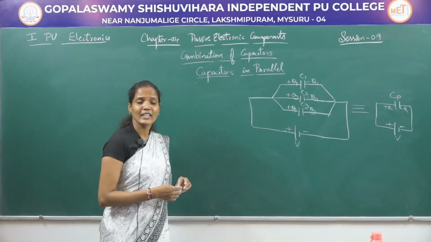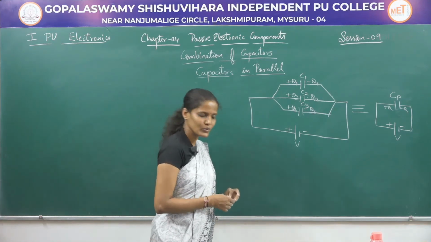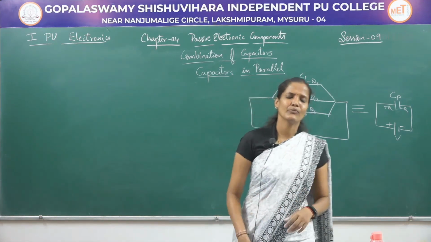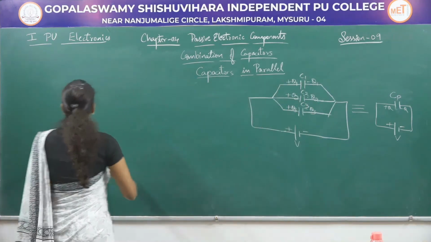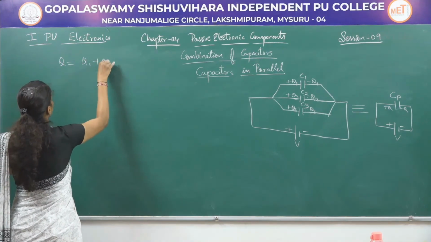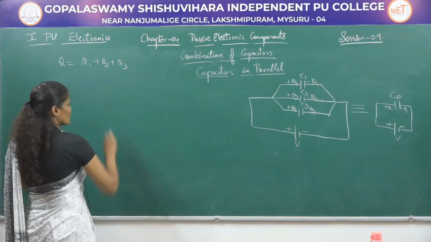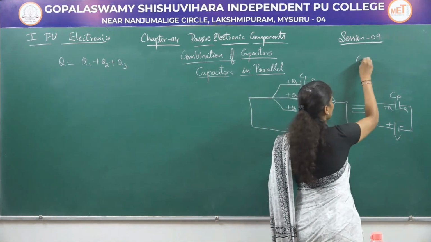The total charge Q gets divided into Q1, Q2 and Q3 across different capacitors C1, C2 and C3. So Q is equal to Q1 plus Q2 plus Q3.